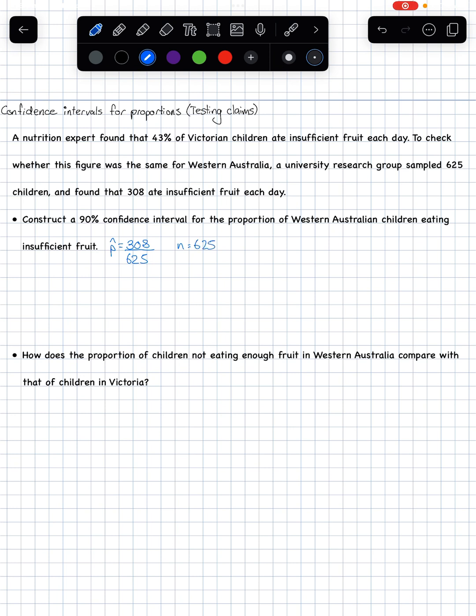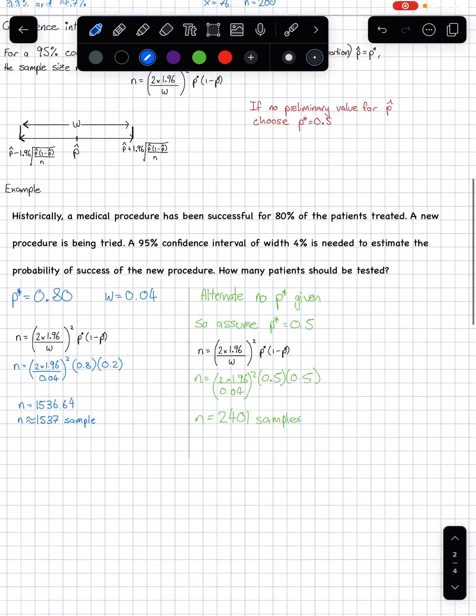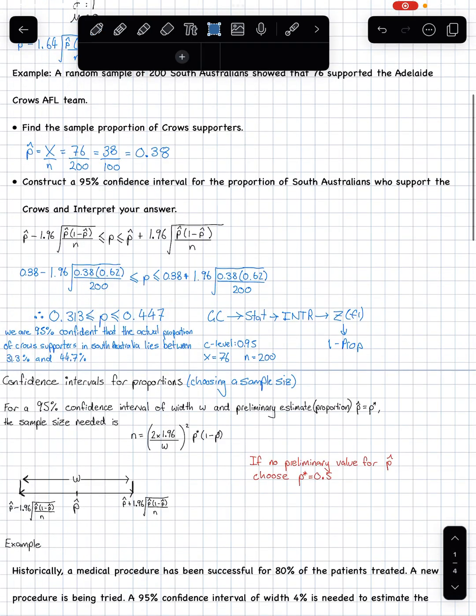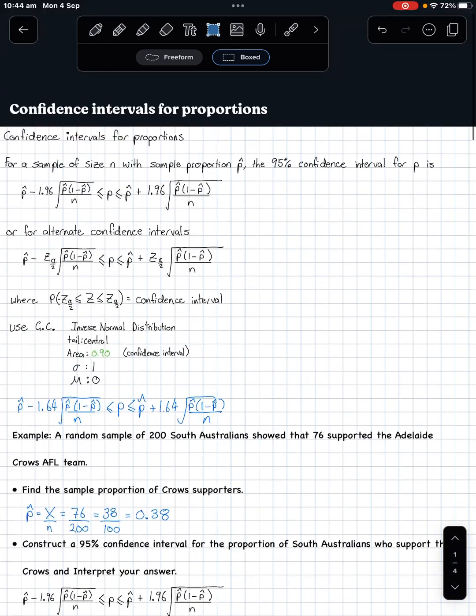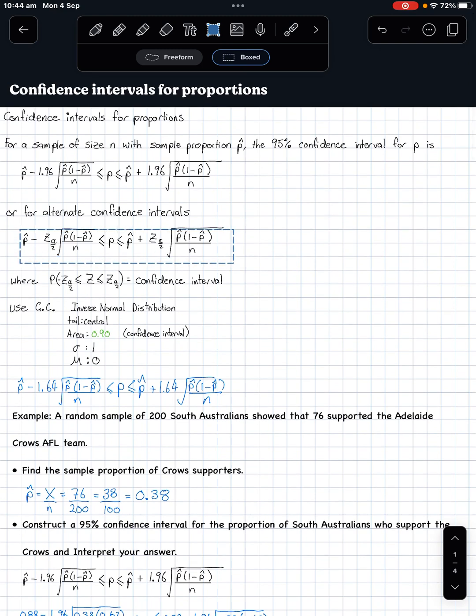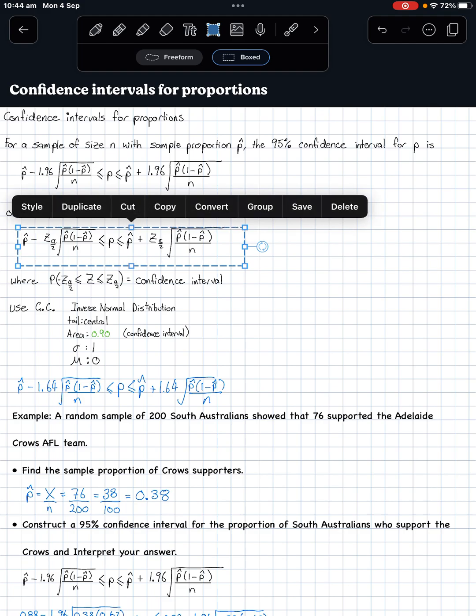Then we've got our proportion formula. So I'm going to go back up and grab this one here, just so we can practice.